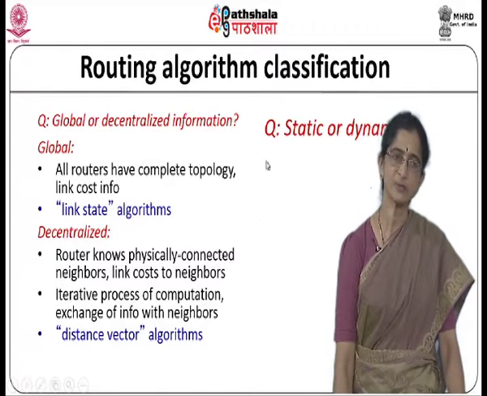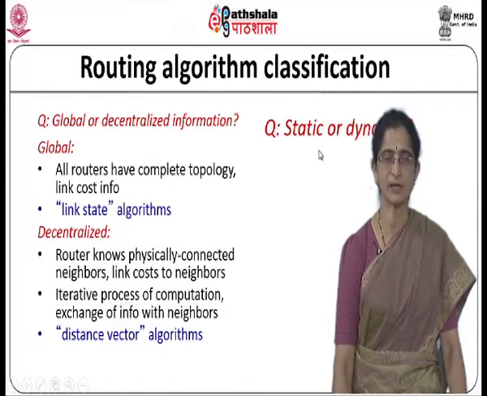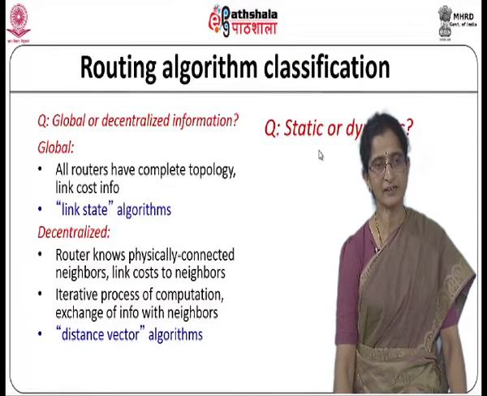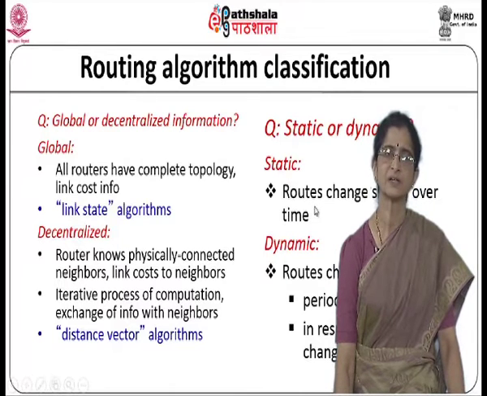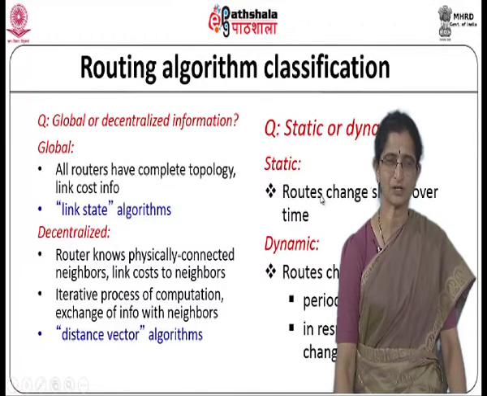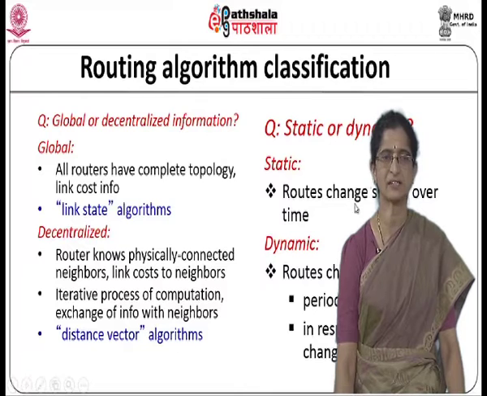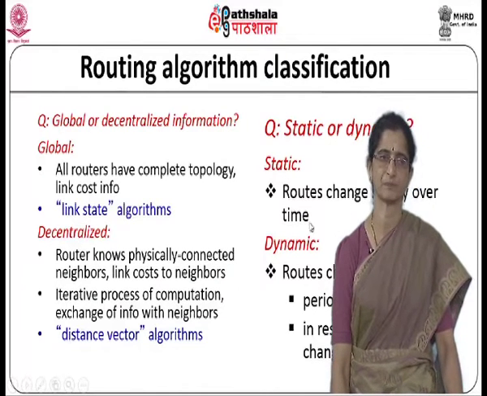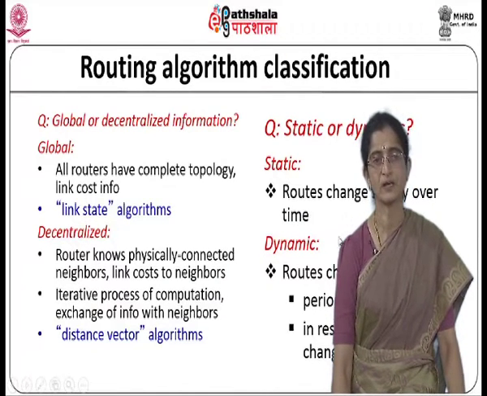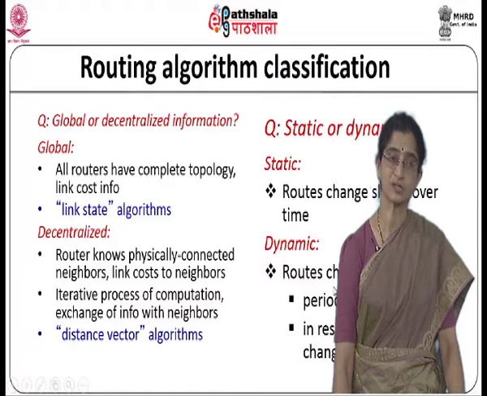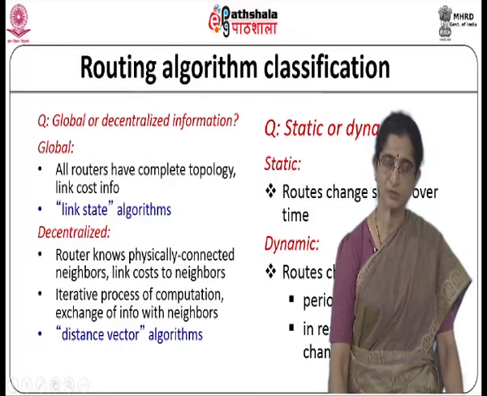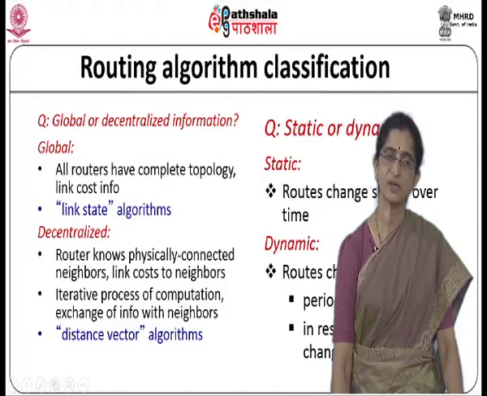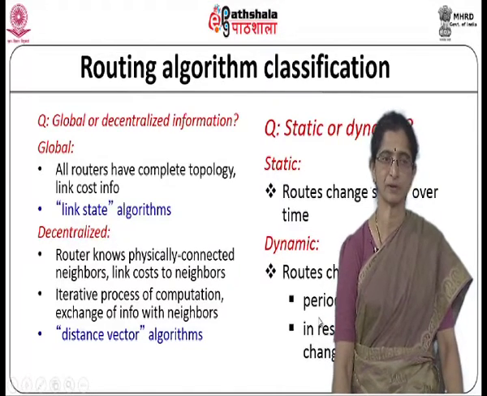Another question that can be asked with respect to routing algorithms is whether it is static or dynamic. What do we mean by this? Static would mean that routes typically do not change, or change slowly over time. Dynamic would mean that routes change more quickly, which means you need periodic updates, and whenever there is a link cost change, that should also be updated.